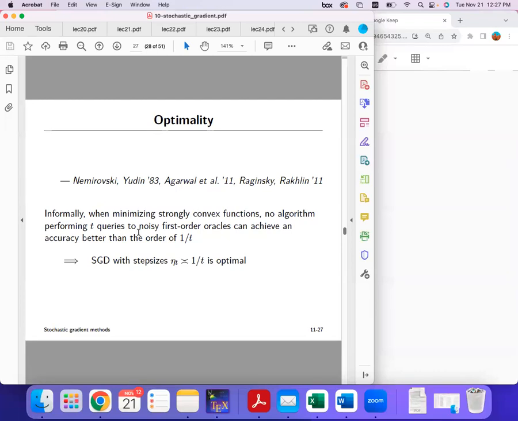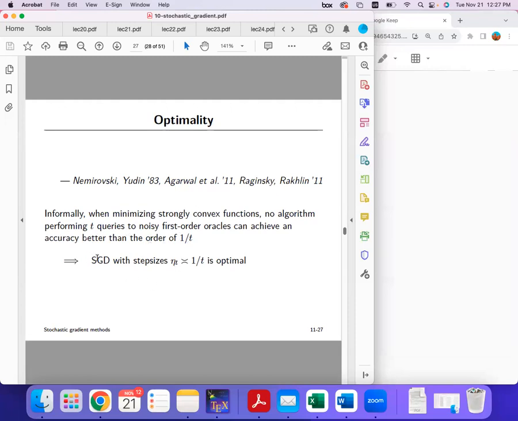No matter how you design this algorithm, this is the boundary of this algorithm class. You can only have access to T stochastic or noisy first order gradient oracles. Among this class of algorithms, none of them can achieve a better convergence rate than 1/T.